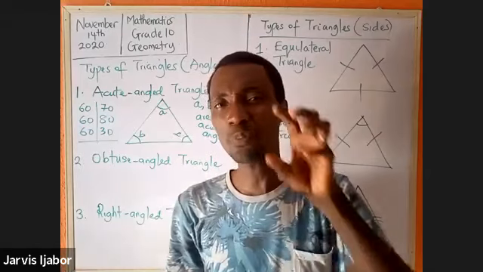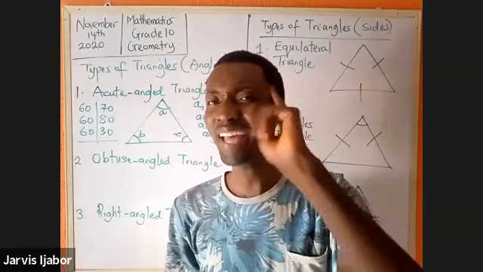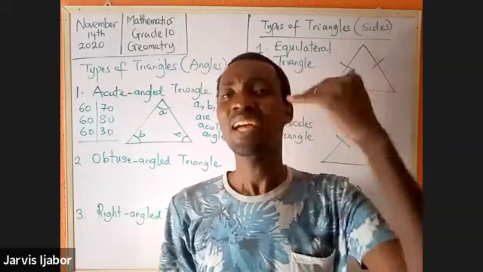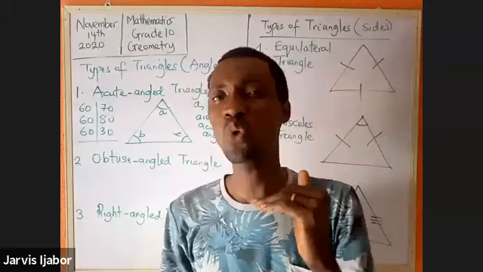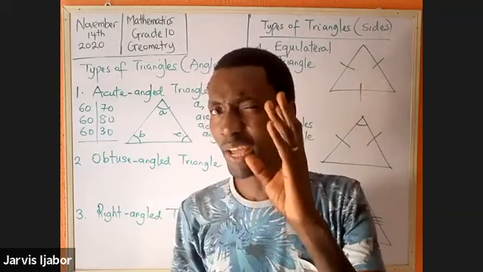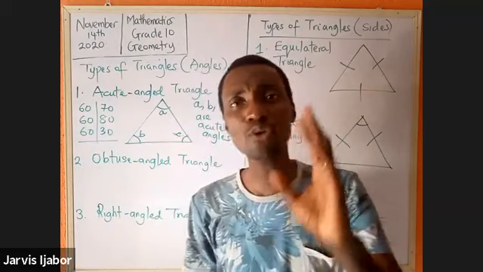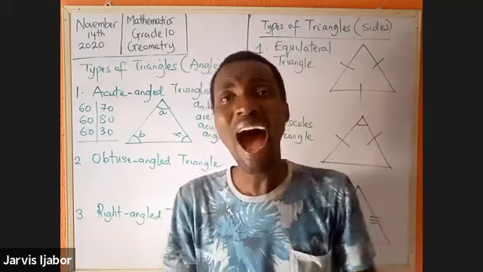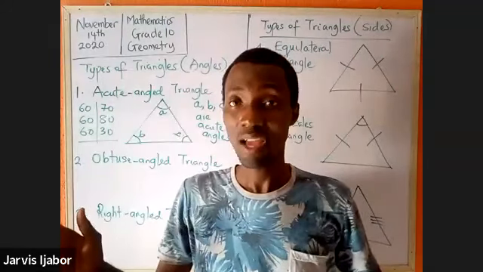So if you have an obtuse angle in that triangle, it means you already have an angle that is above what? 90 degrees. If I remove, let's say, 100 degrees from 180, I'll be left with what? 40. So what are you seeing there? It means that for an obtuse angle triangle, we can only have one obtuse angle, and the remaining two angles must be what? Acute.